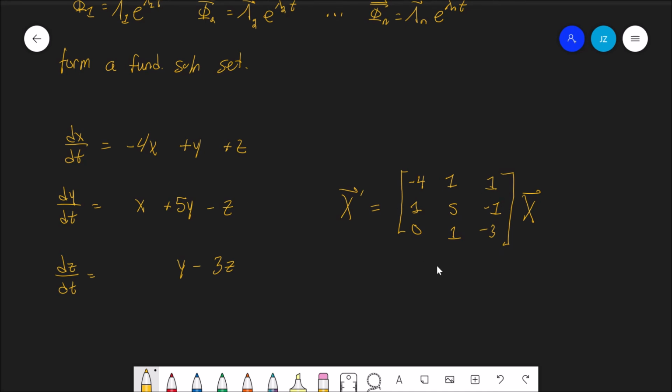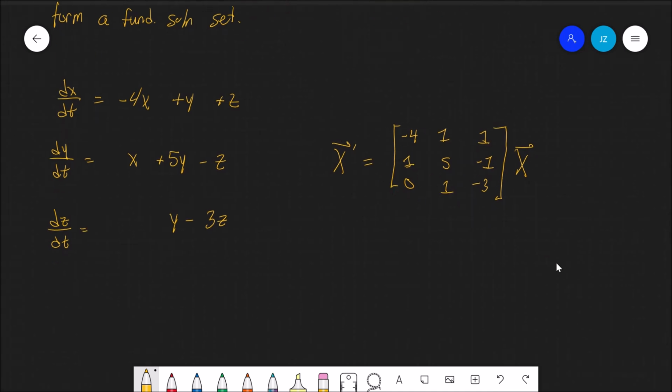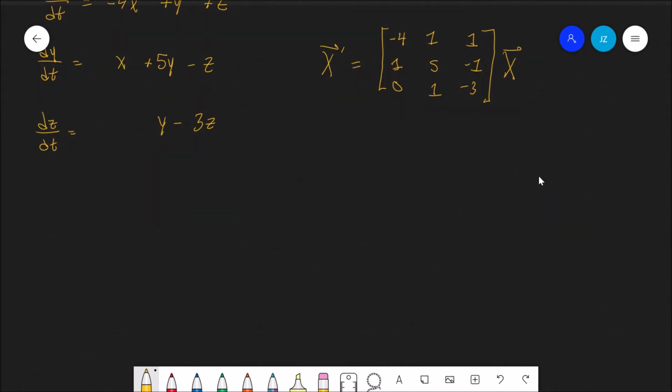So we want to find the eigenvalues of this matrix. The determinant of lambda I minus A is equal to the determinant of the 3 by 3 matrix, lambda plus 4, negative 1, negative 1, negative 1, lambda minus 5, 1, 0, negative 1, lambda plus 3.